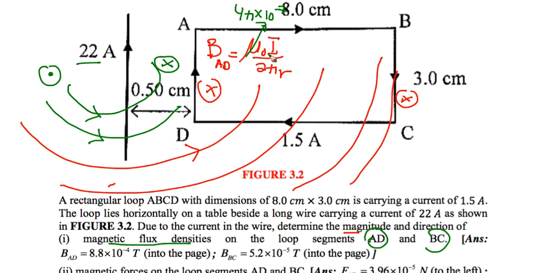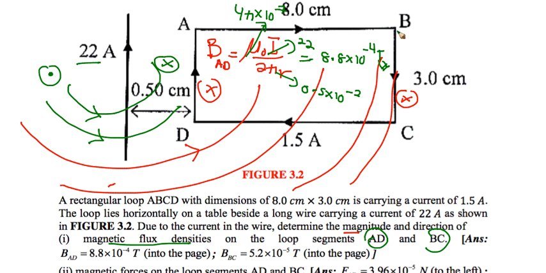I is the current, 22 ampere, and r is the distance from AD to the wire, 0.5 cm, which converts to meters as 10 to the minus 2. So B at AD is equal to 8.8 times 10 to the minus 4 Tesla.